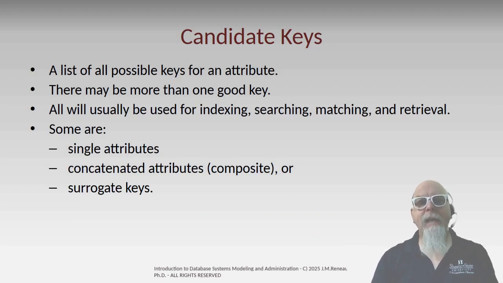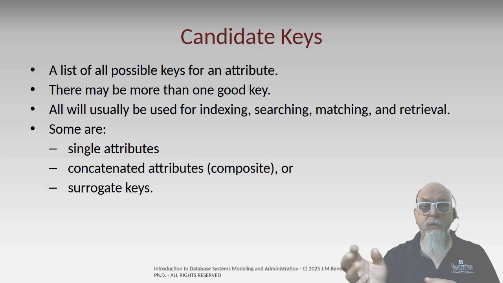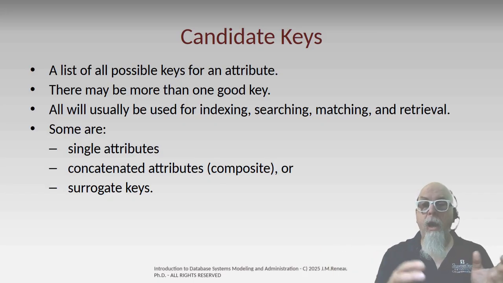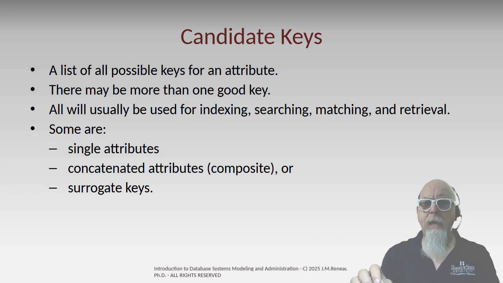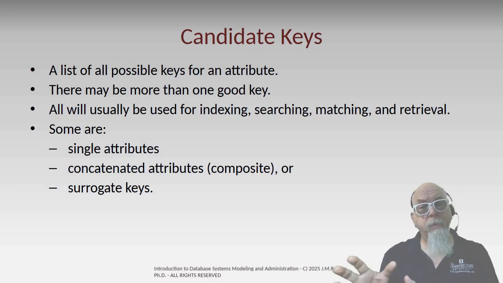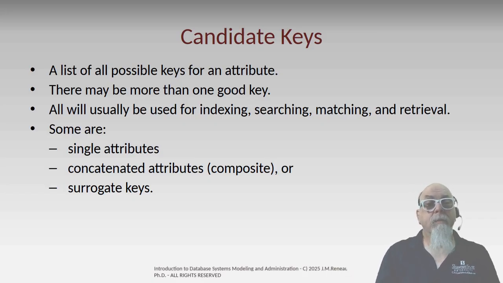So a candidate key. An entity can have multiple keys. As we've gone through and looked at our data, we've sorted through it, we understand all of our attributes, and if we concatenate these three things together, that's a good key. We could use this single attribute, and that's a good key. There could be multiple keys, and we call all of those possible keys candidate keys.